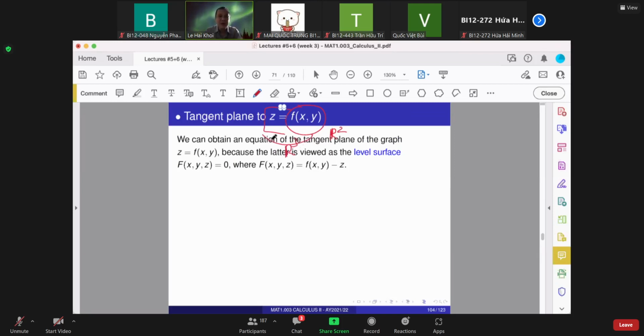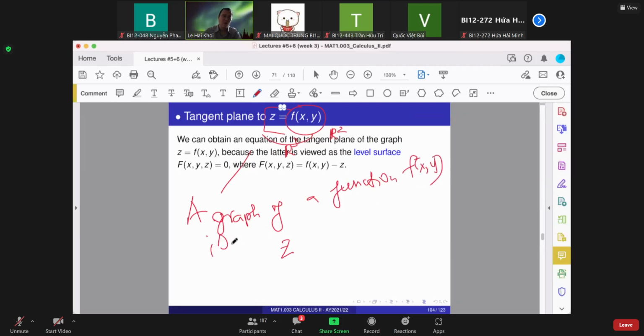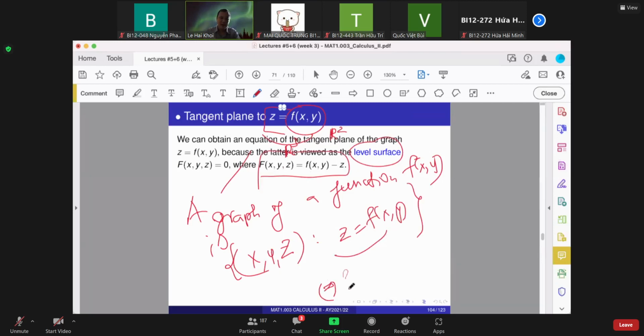And then you can think about this graph of a function f(x,y) as the set in xyz for which z is f(x,y), right? This is the graph. But this graph we can view as a level surface, where we have f(x,y) minus z equal to 0.